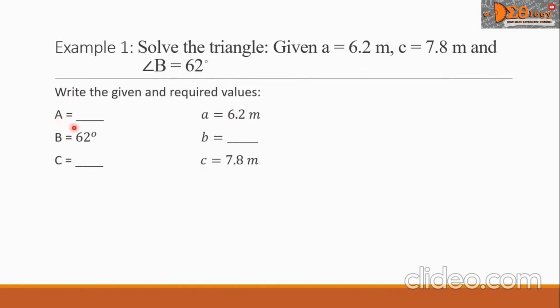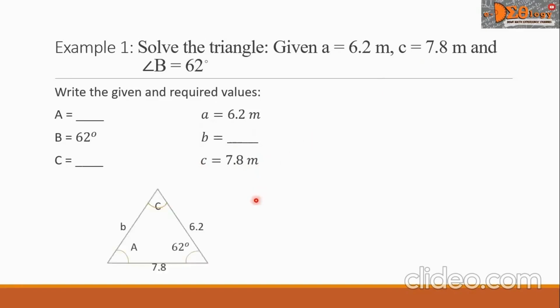Angle A is unknown, so this is blank. Angle B is given as 62 degrees. Angle C is unknown, so this is blank. Side A is given as 6.2 meters. Side B is unknown, so this is blank. Side C is 7.8 meters.